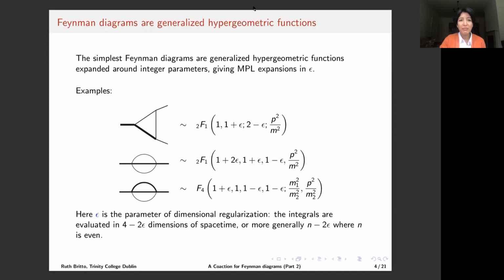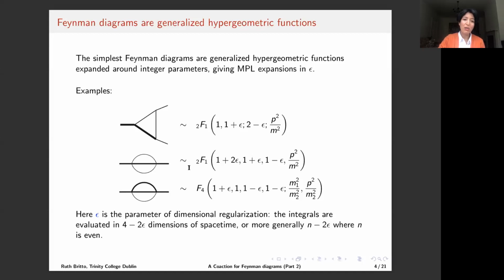Here I just want to argue that it's been claimed that Feynman diagrams in general, when evaluated in dim reg, are represented by generalized versions of hypergeometric functions. The 2F1 is the classic Gauss hypergeometric function, but other Feynman diagrams that we know of are represented by other kinds of hypergeometric functions. These are ones that we'll look at later at two loops.